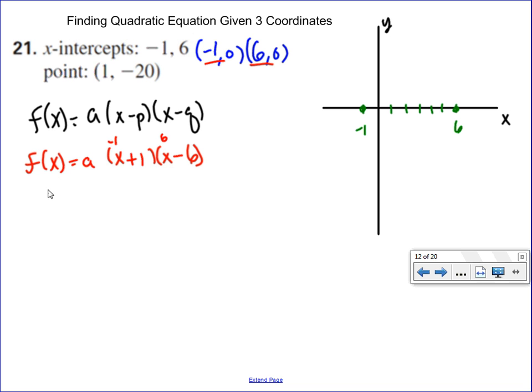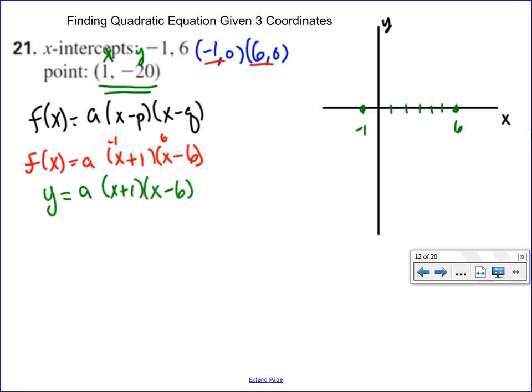To do that, you may want to view this as, remember, f of x is the same as y. So you could write it like this if you really wanted to. And that might help you see that we're going to use this extra point that they gave us. The 1 is the x, the y is the -20. So when I plug in an x of 1, the y should spit out -20.